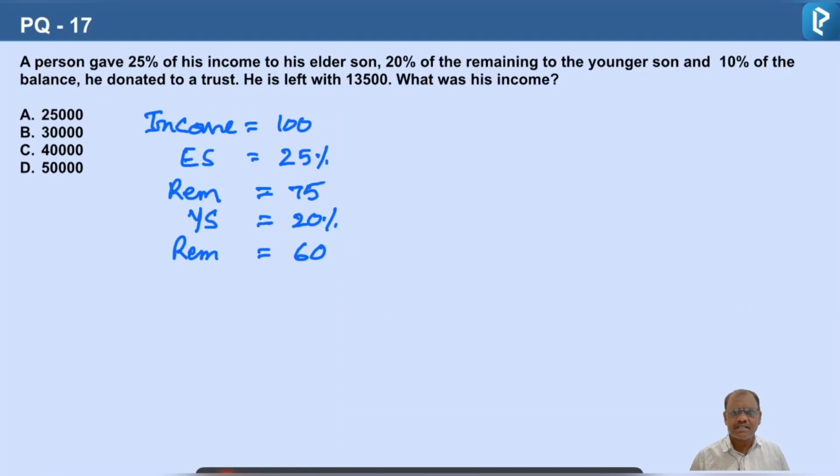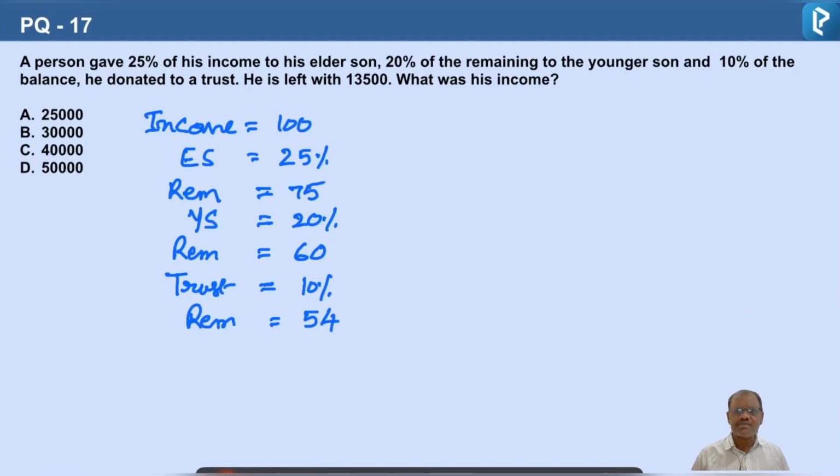Third transaction is 10% of the balance he donated to a trust. So third transaction is trust. How much? 10%. So 10% of 60 is 6. So if you subtract 6, the remaining will be 54.